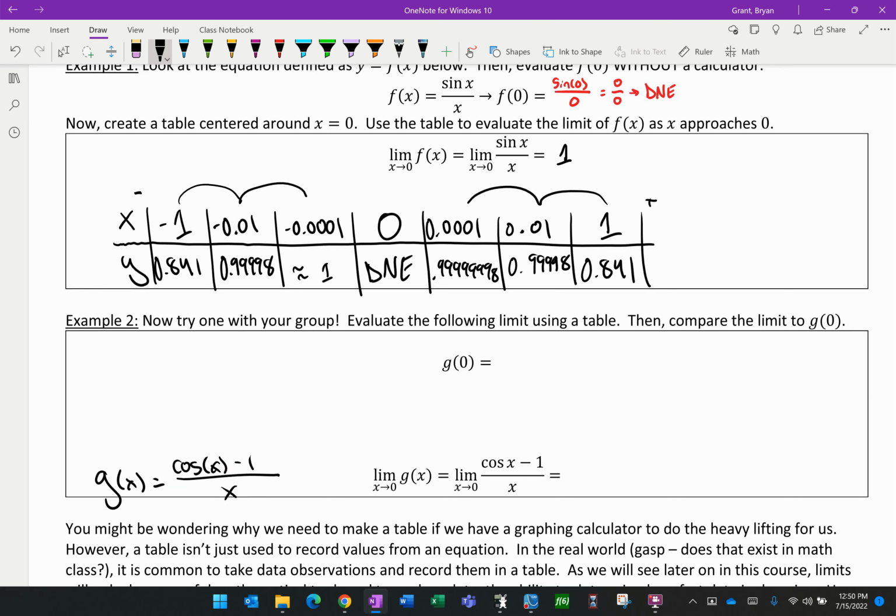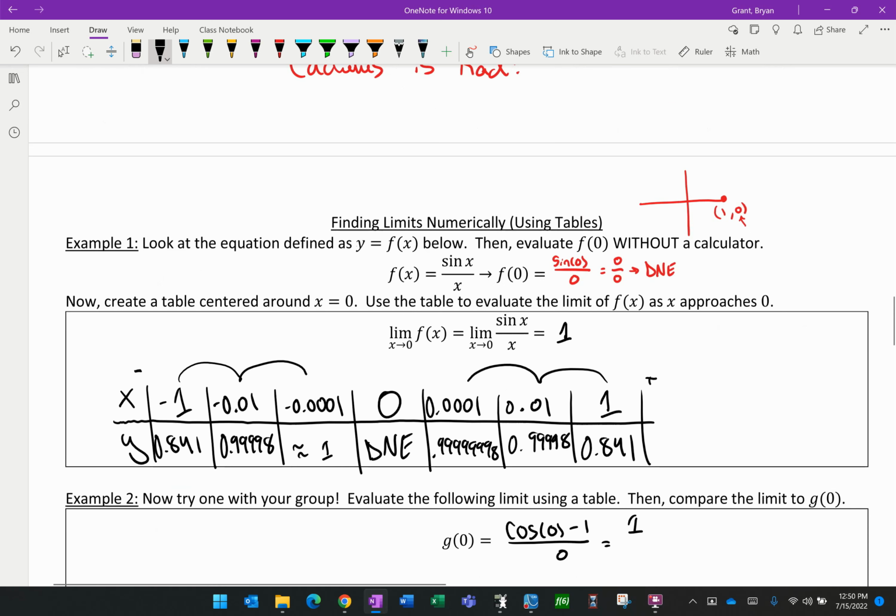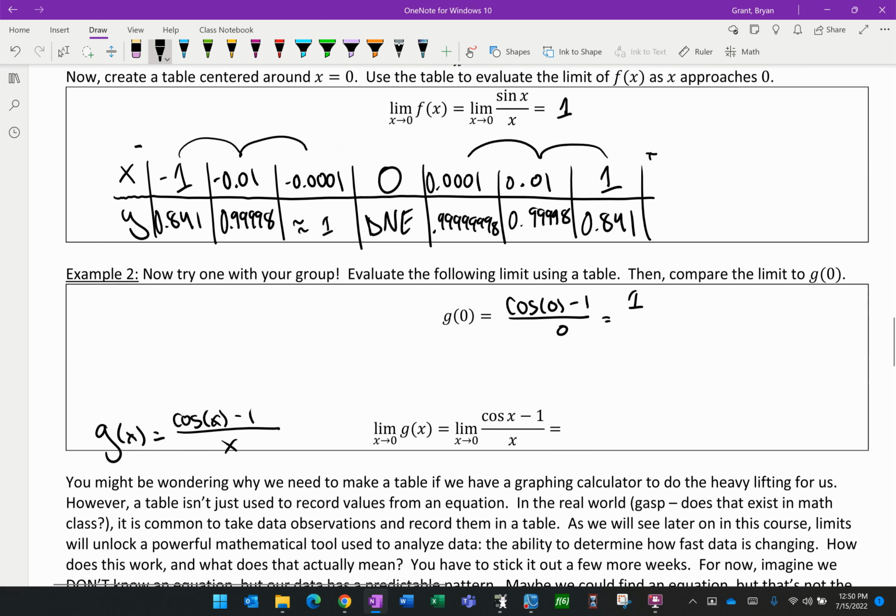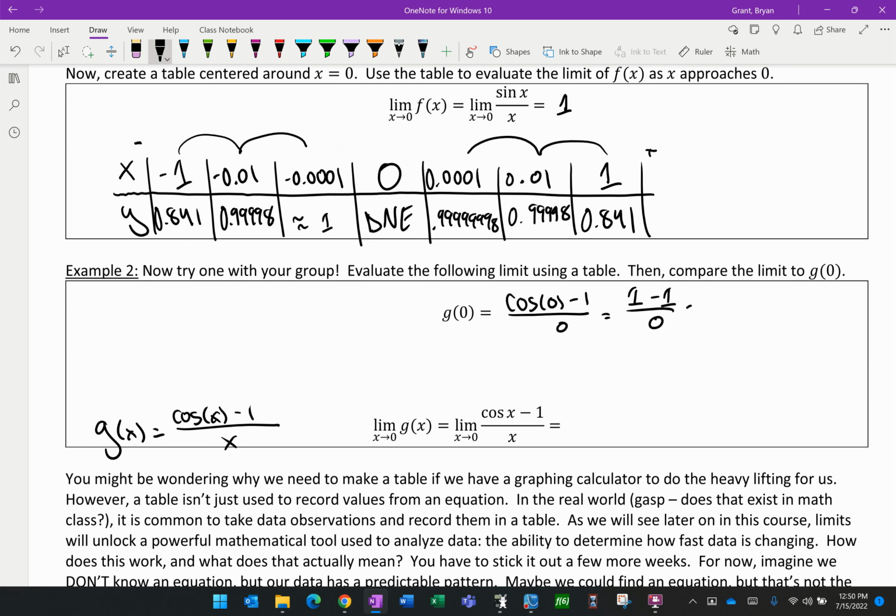But when we go through and find g of 0, we know that that's cosine of 0 minus 1 all divided by 0. Cosine of 0 we know is 1. Right? We can see that from our graph up above. The cosine of x minus 1 over 0 is 0 over 0, which means that g of 0 does not exist. All right, so then what is the limit as we approach 0?